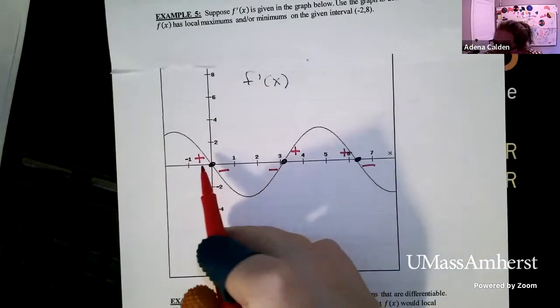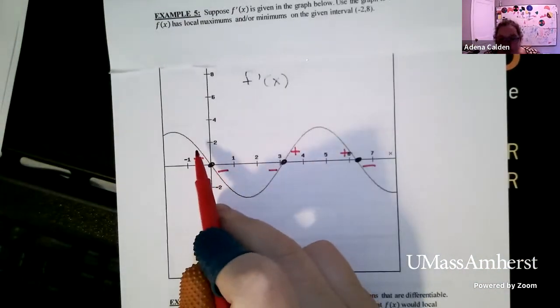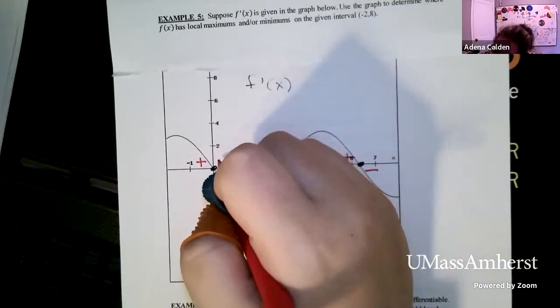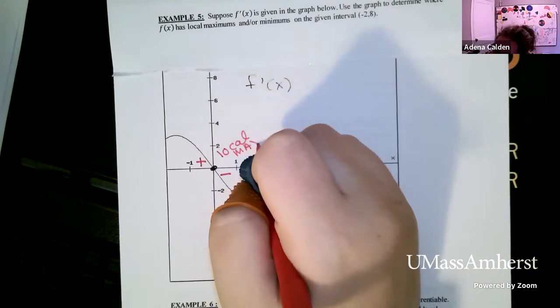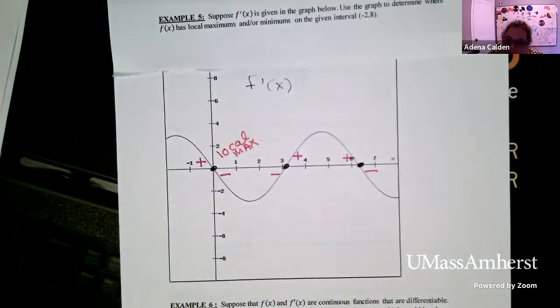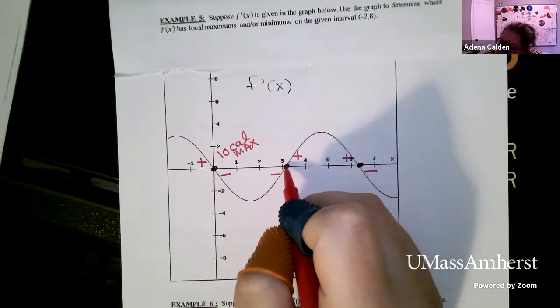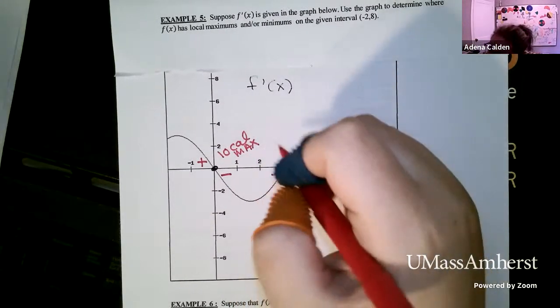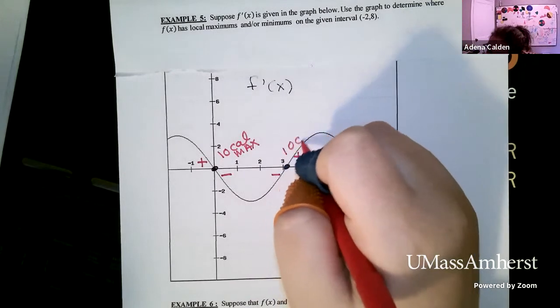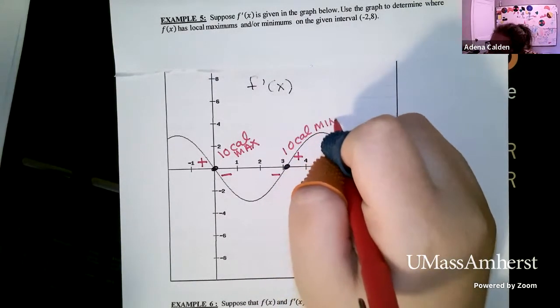At 0, our function goes from positive to negative, from above to below. If it goes from positive to negative, we have a local maximum. Here at 3.1, we go from negative to positive as we move from left to right. If we go from negative to positive, we have a local minimum.